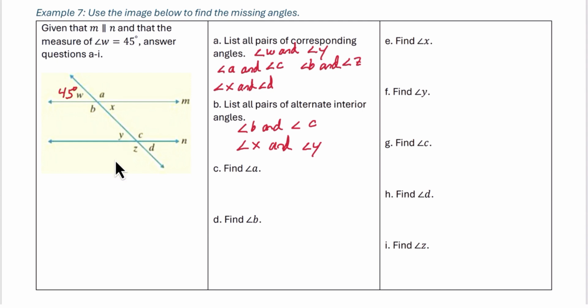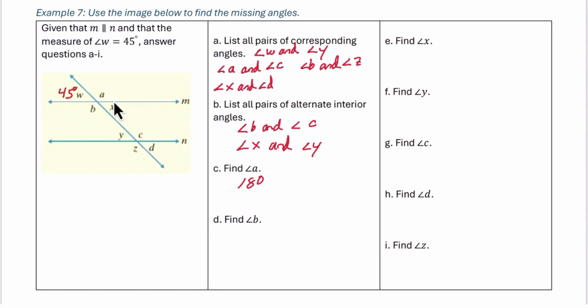Using all of this information, let's find the measure of each of these angles. Angle A. Since we know that W is 45 degrees, we can find angle A by recognizing that this is a straight angle. Straight angles or straight lines have a measure of 180 degrees.